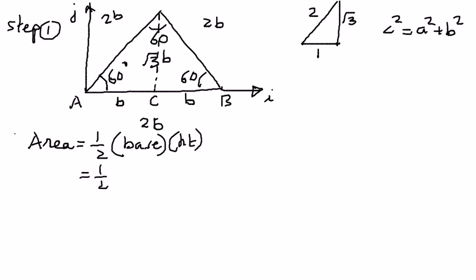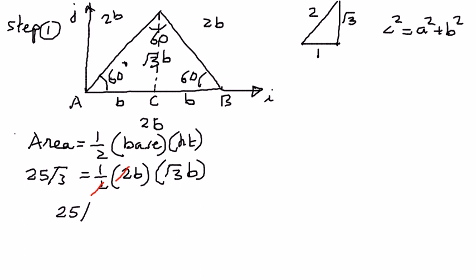Since the base here is 2b and the height here is square root of 3 b, and since the area is given to us as 25 square root of 3, we'll put that information in there, and when we simplify this, the 2 in the denominator cancels out, and then we have 25 square root of 3 is equal to b times b, which is b squared, times square root of 3.